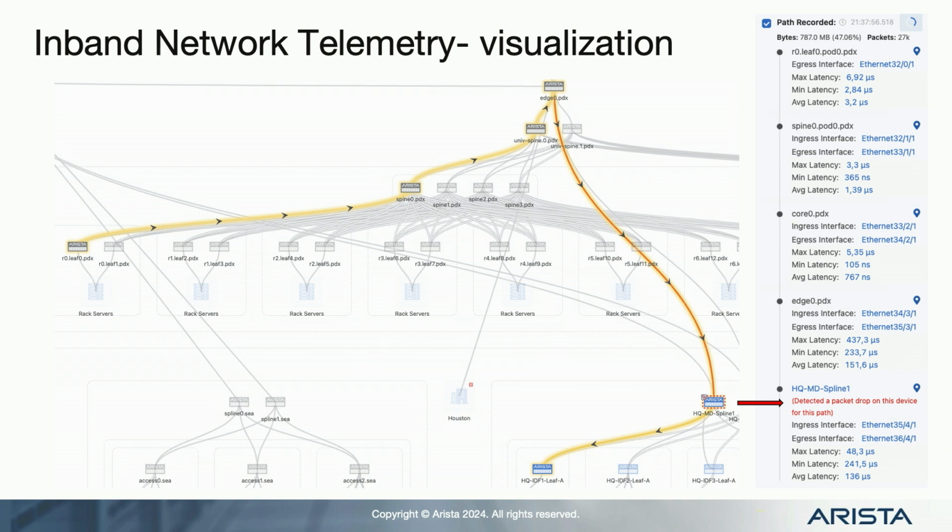And in this flow, you can also see that we identified a packet drop at the next to last hop. So this provides more granular information than a typical sFlow does, and with a hop-by-hop latency, which is important for troubleshooting.